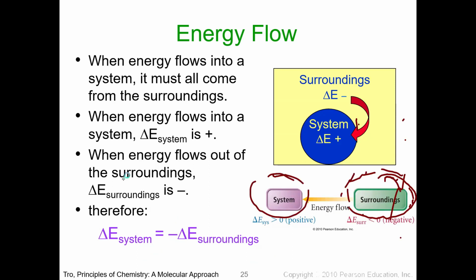So the change in internal energy of the surrounding is going to be negative, because the heat is getting into the system. And for the system, it is going to be greater than 0, which is positive.